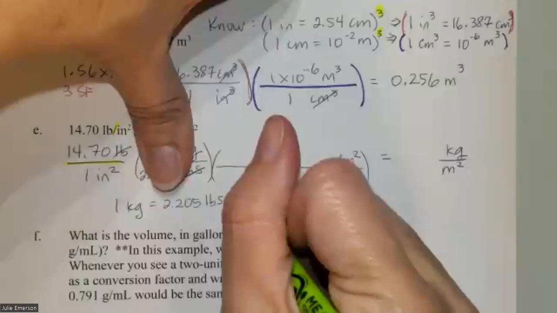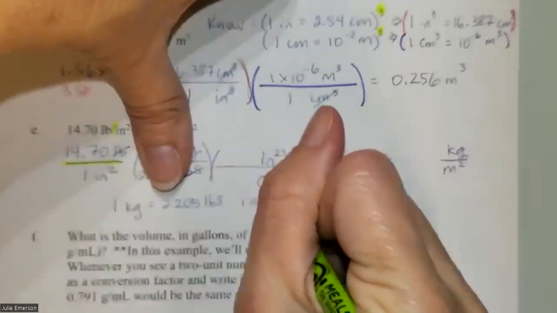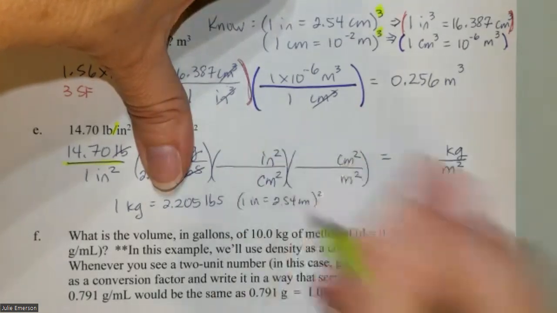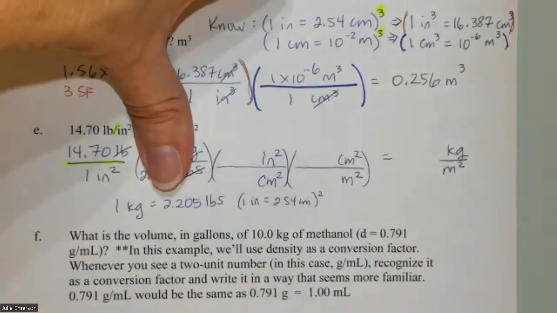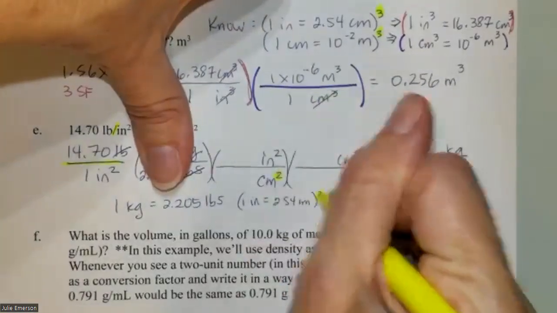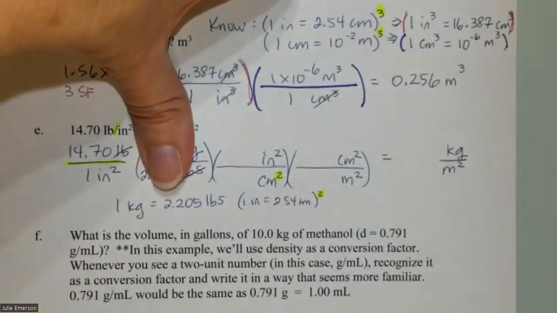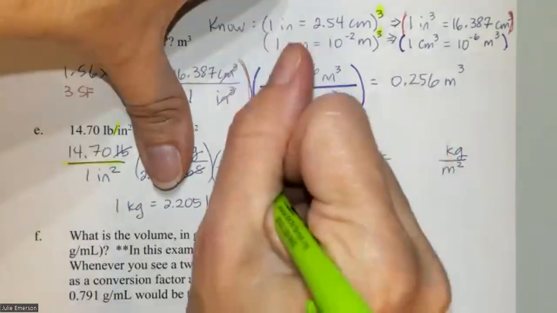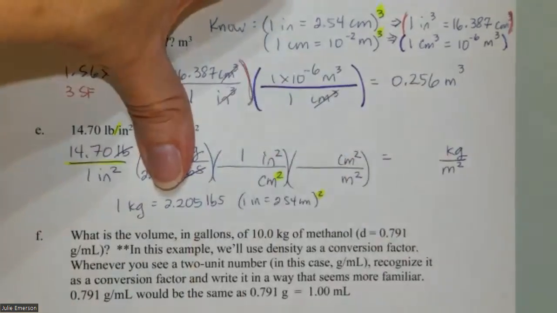Okay, so we know 1 inch is 2.54 centimeters, but we have to square that this time because that's what the unit tells us to do, right? We're not cubing it, we're squaring it. So because this is squared, we have to square it. So 1 inch squared is going to stay 1 inch squared.